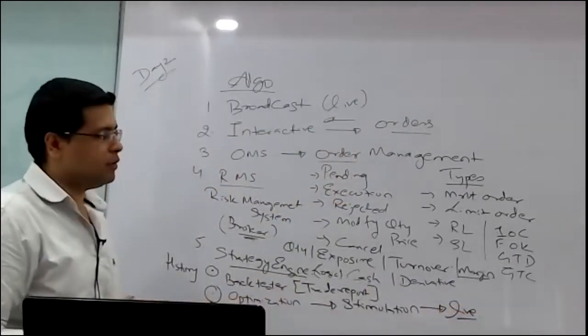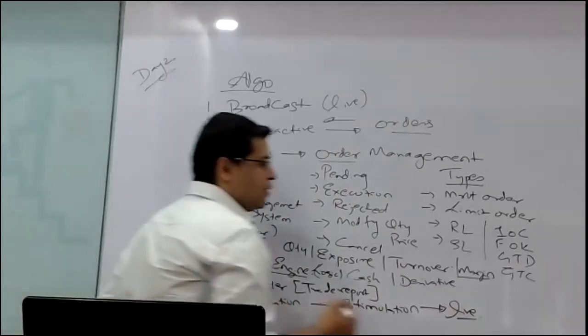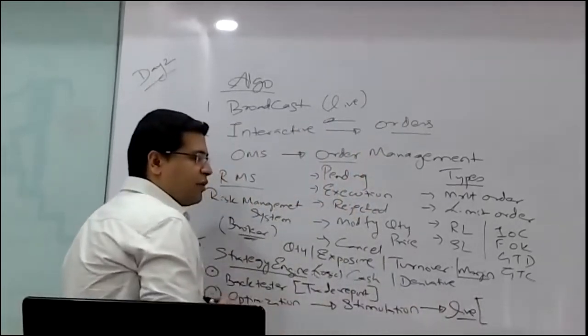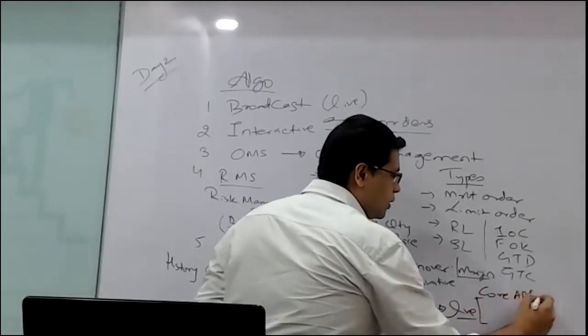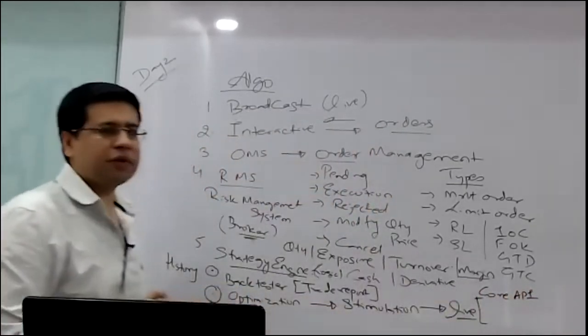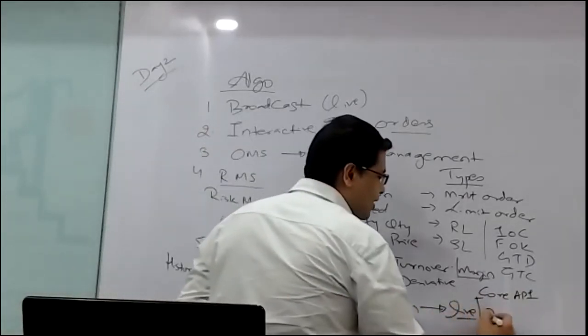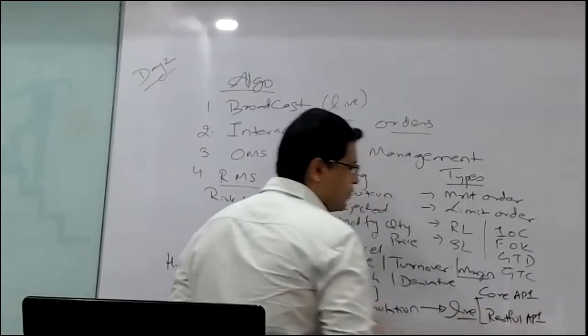Now you can go live into the exchange, and as I said, we can go through two sources in the live environment. One is the core API of the broker, who writes all the gateways connected to the exchange, or you can use something called a RESTful API. Now, which one is faster?